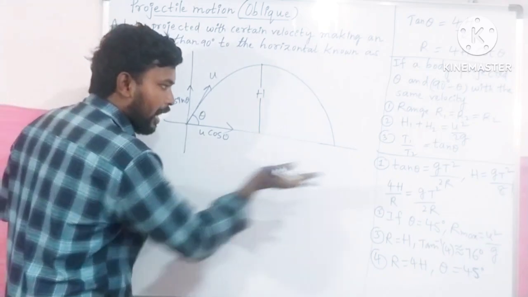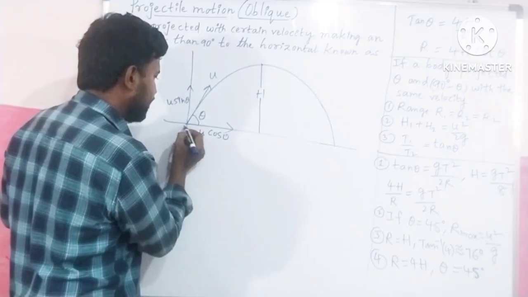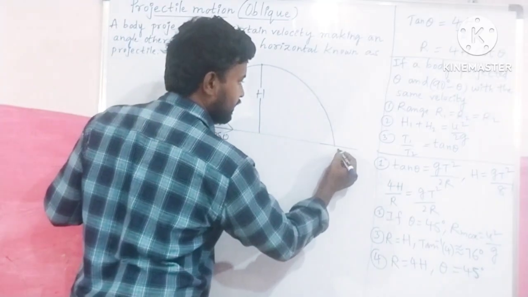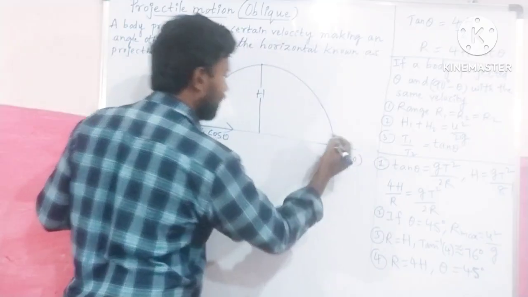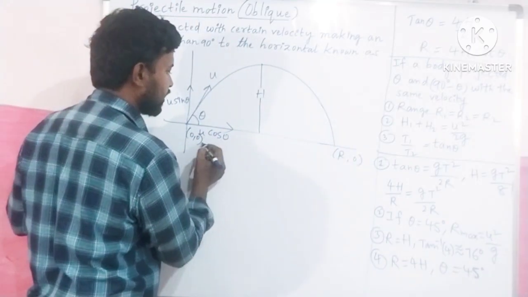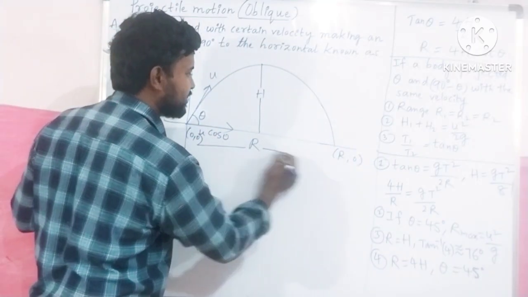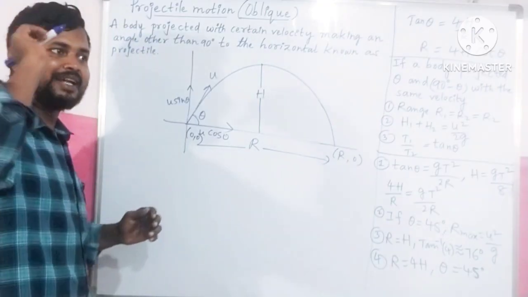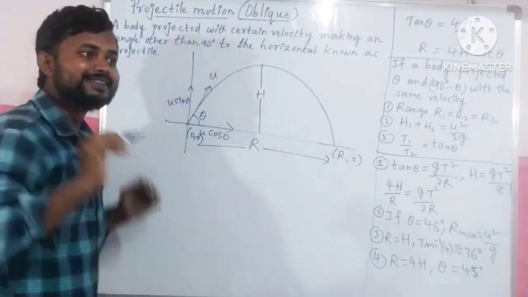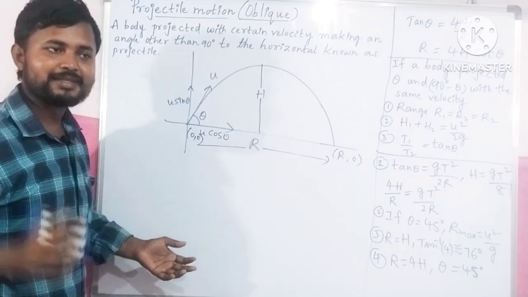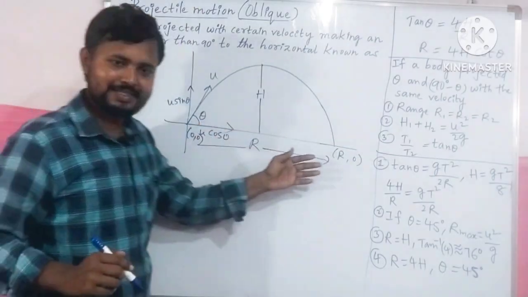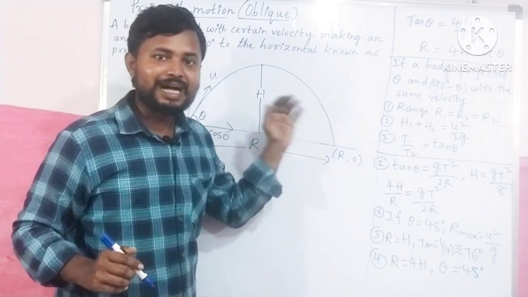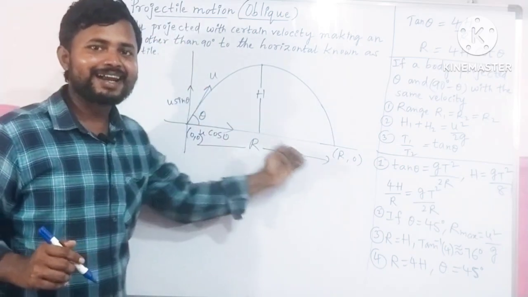Next, the horizontal distance covered by the body from point O is taken as the range. For example, a fielder throwing a ball 30 meters, 40 meters, that is the range. The maximum horizontal displacement covered by the body is called the range.